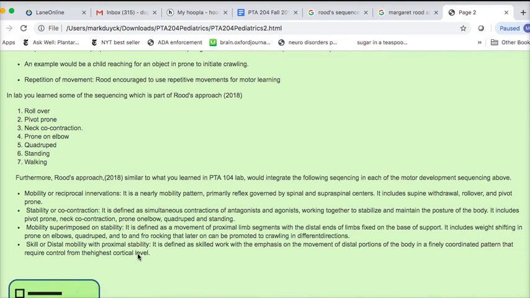You've learned how you're utilizing really a Rood approach too when you're working in terms of strengthening someone with an orthopedic challenge, as you did last spring. But in this case, we're looking at working with someone with a neurological health condition.